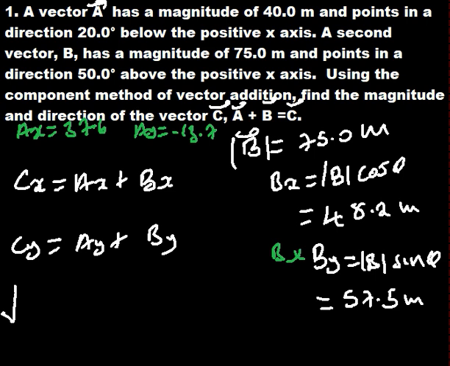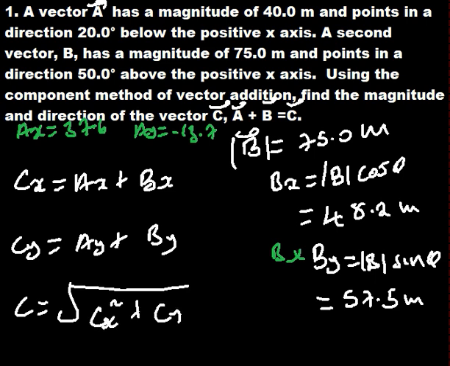Then the magnitude of the resultant vector c will be the square root of cx squared plus cy squared. Then you have the magnitude, and from there you get the direction, using the same principle.